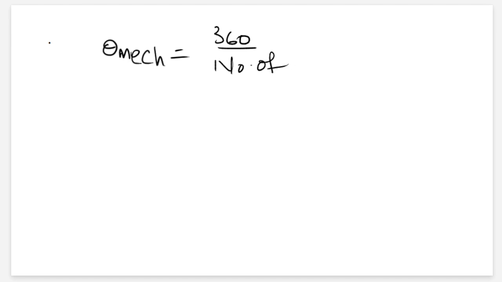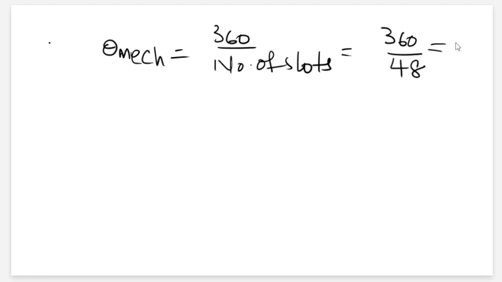Theta mechanical value is not mentioned in the question, so we need to find it here. Theta mechanical is equal to 360 degrees by number of slots. The number of slots given in the question is 48. So theta mechanical is equal to 360 degrees by 48. By performing this division, we get 7.5 degrees.